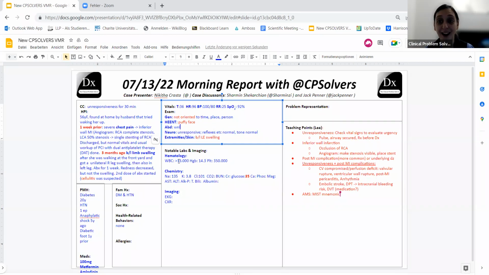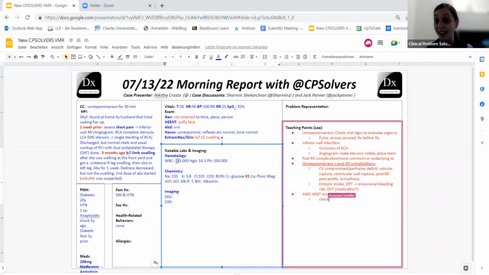And I have forgotten to do that multiple times. It's so easy to escape our mind, but it's very important, because hypoglycemia can mimic so many things and can make you severely altered. And the good thing is it's easily reversible.